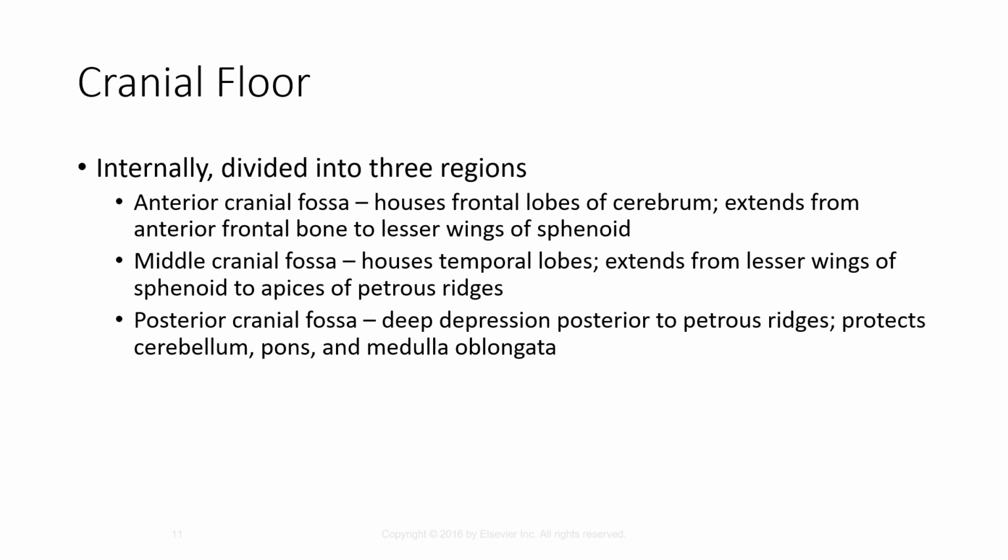But now we've contradicted ourselves and we've included the frontal bone in the anterior cranial fossa, the frontal bone and the ethmoid bone, and then the middle is the sphenoid and the temporal bones, and then the posterior cranial fossa is the occipital bone. So now those are fossas, not necessarily the floor itself. Those are the spaces represented by the cranial floor.